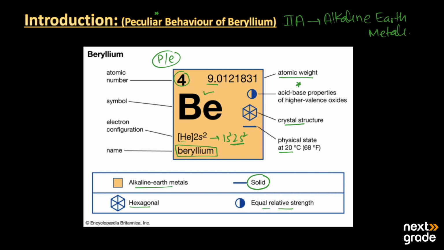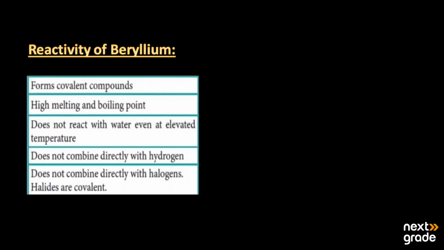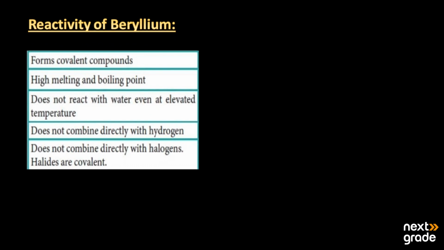So let's study its peculiar behavior, how it is different from the others. First, we have the reactivity of beryllium. Before that, you must know that it is the lightest member of the series in group 2A. It is the lightest member of all the alkaline earth metals.